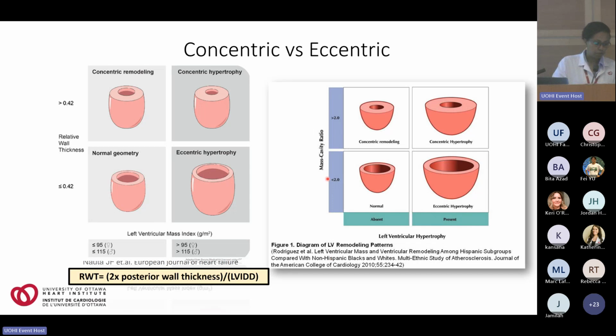So as you can see, different cutoffs are used among the two modalities. And in pathologic hypertrophy, this is important because there are studies showing that concentric hypertrophy is more associated with adverse cardiovascular outcome than the rest of the remodeling.